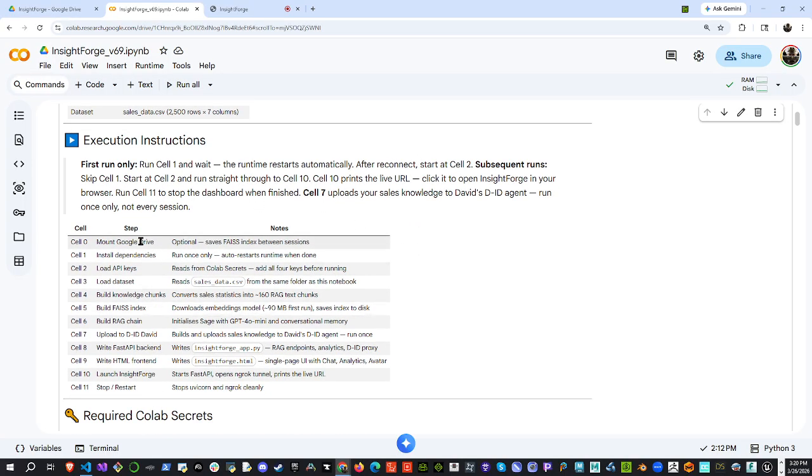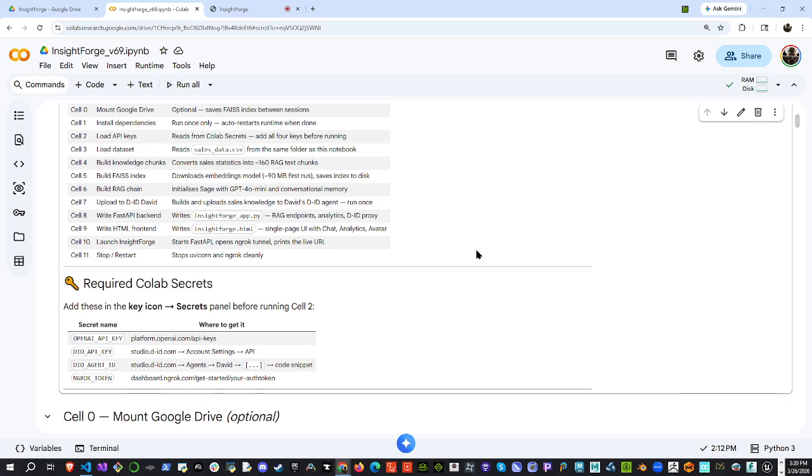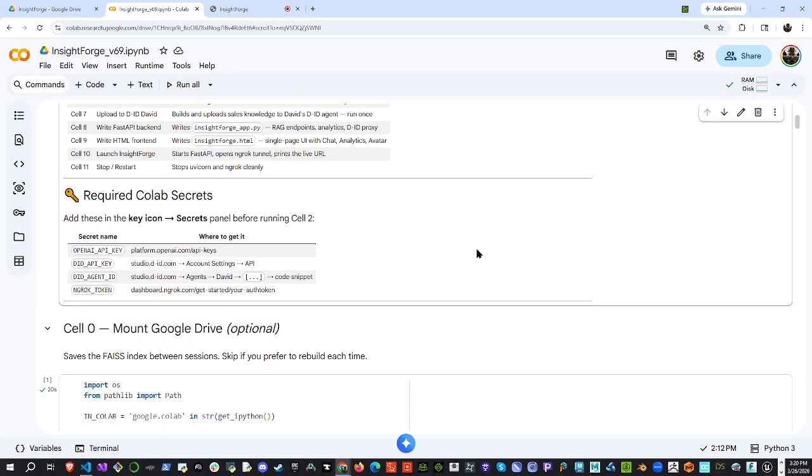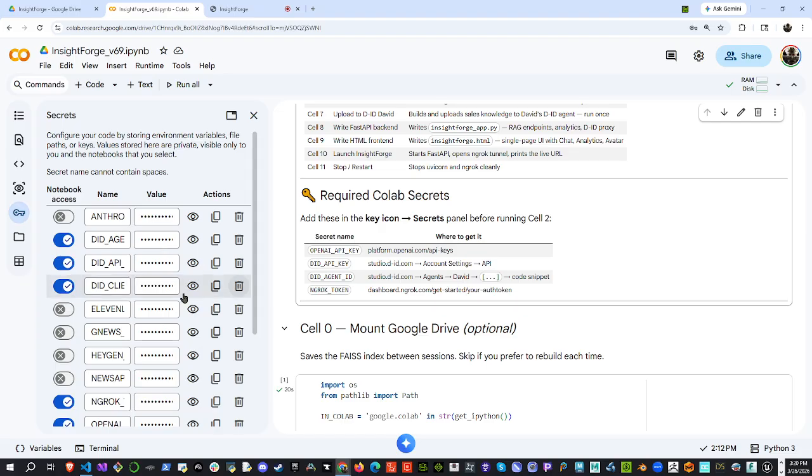So I laid this out from cell 0 to cell 11 with the Jupyter Notebook to make it easy to run. So we start off with, and then these are the Colab secrets. One of the nice things with Google Colab is you have a thing called secrets. So your API keys that you don't want to put into documents where anybody could read them, you have them hidden off to the side here.